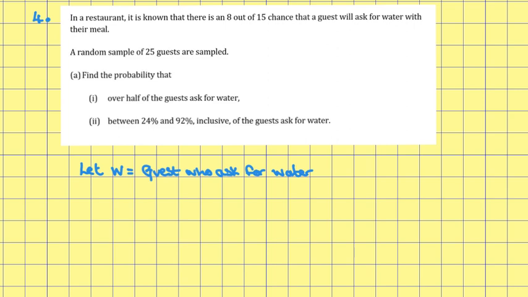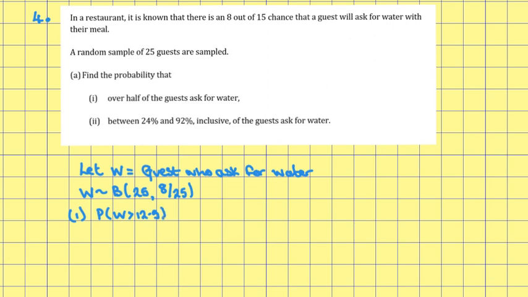Then we have a binomial distribution where W belongs to binomial, where there are 25 trials and the probability of success is equal to 8 out of 15. So for part 1, we want the probability that W is greater than 12.5, because that is how many people is half.